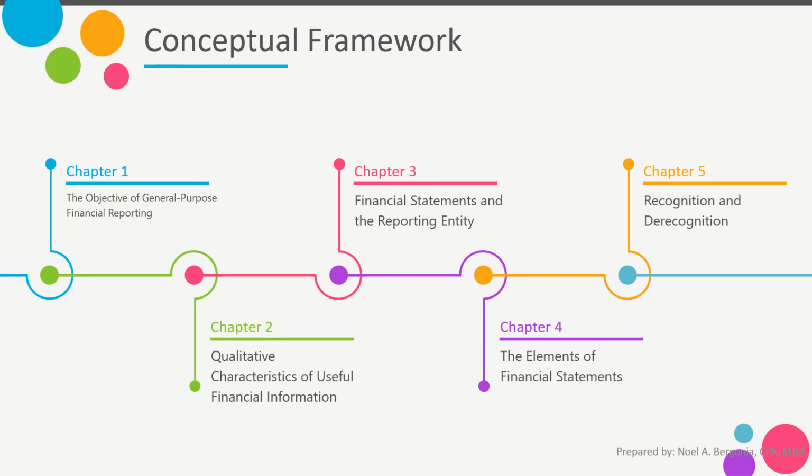So after we have recognized, what was the recognition principle that we discussed last time? If it meets the criteria or the definition of an element in the financial statement, then you could put that particular element or transaction in our financial statements.